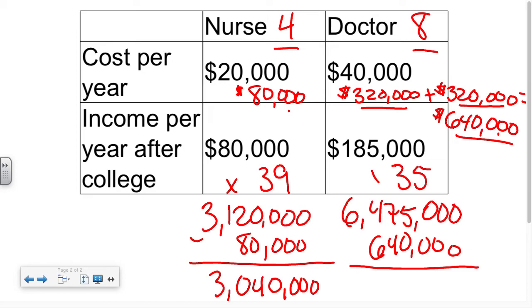I'm going to now subtract $640,000 from $6,475,000, which is what I could make as a doctor for 35 years. All right, that means that I'm going to end up overall with $5,835,000.